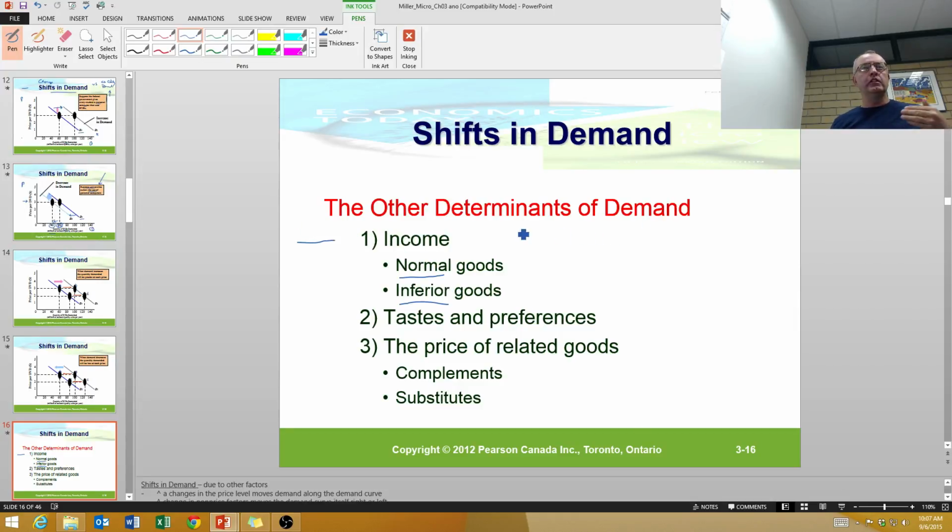So this distinction between normal and inferior goods, this is a distinction that's made in economics. When you come to your marketing course, you'll find other ways to classify goods. But economists draw this distinction between normal and inferior.